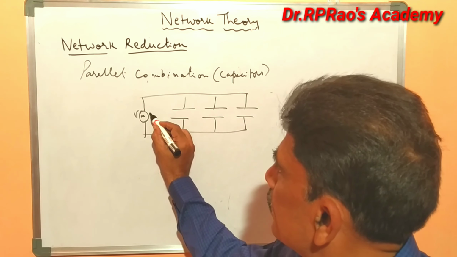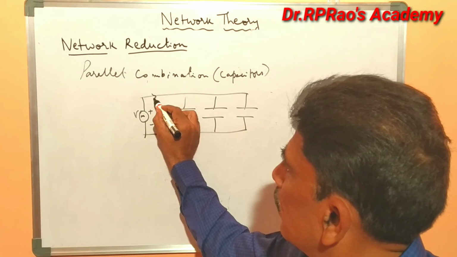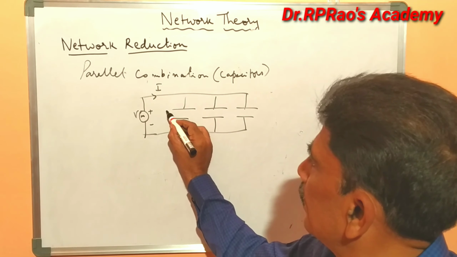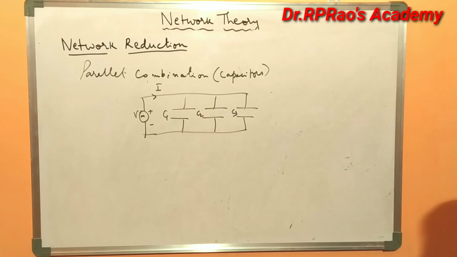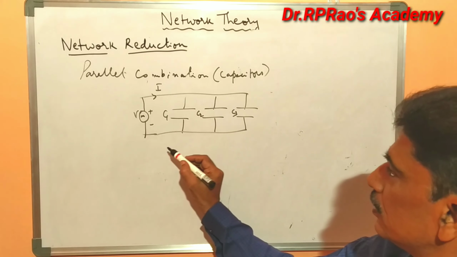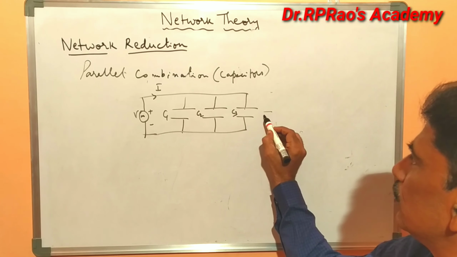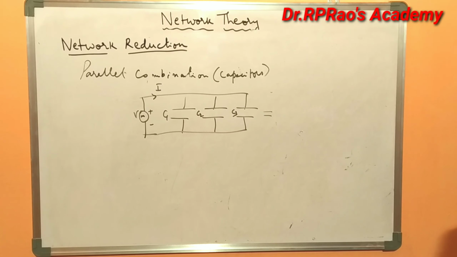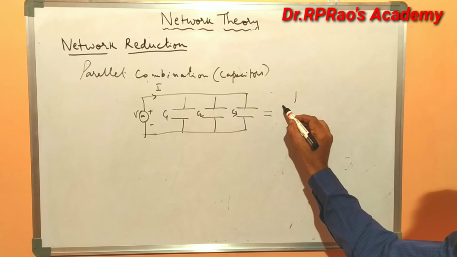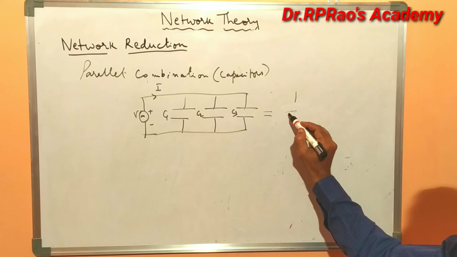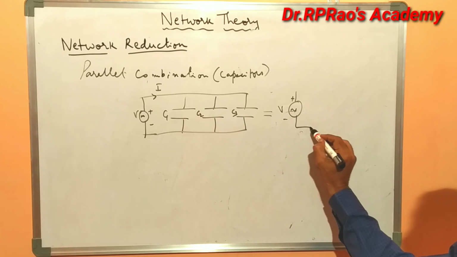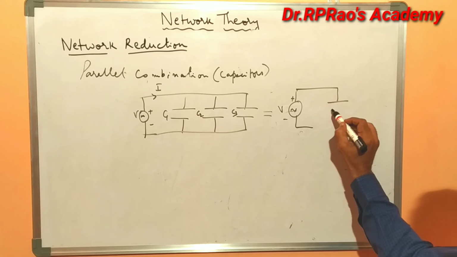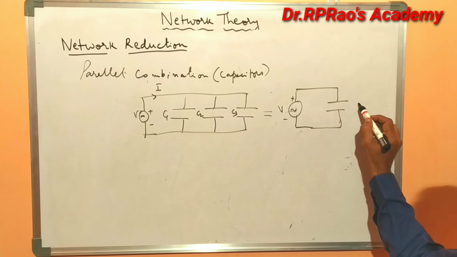V is AC voltage source and the supply current is I. So C1, C2 and C3 are the capacitances of the capacitors 1, 2 and 3. This should be simplified to a simple network like this: a voltage source, and across this an equivalent capacitor, C equivalent.